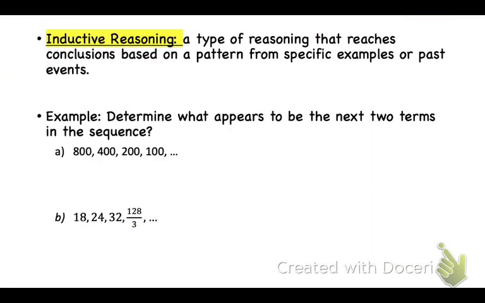So there's some things we need to know about it. Your first blank on there is inductive reasoning, a type of reasoning that reaches conclusions based on patterns from specific examples or past events. So those are your first blanks.